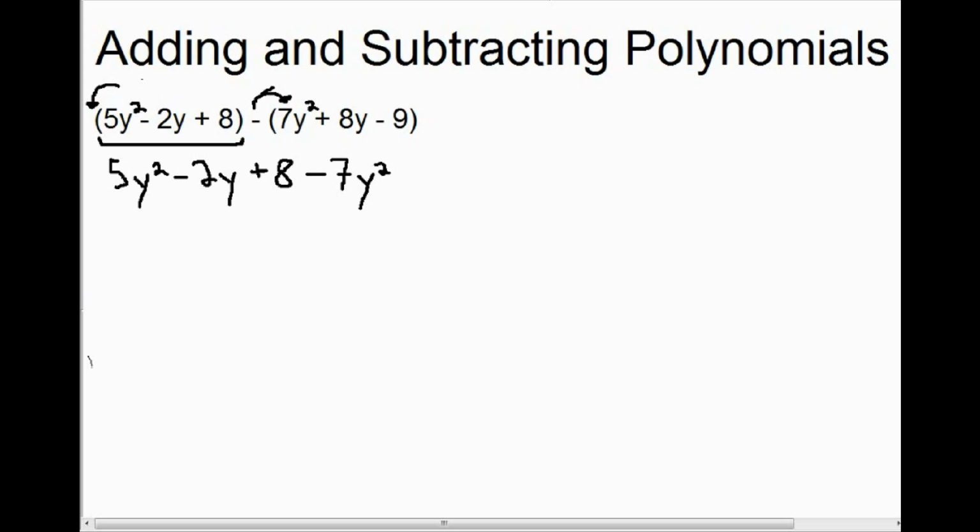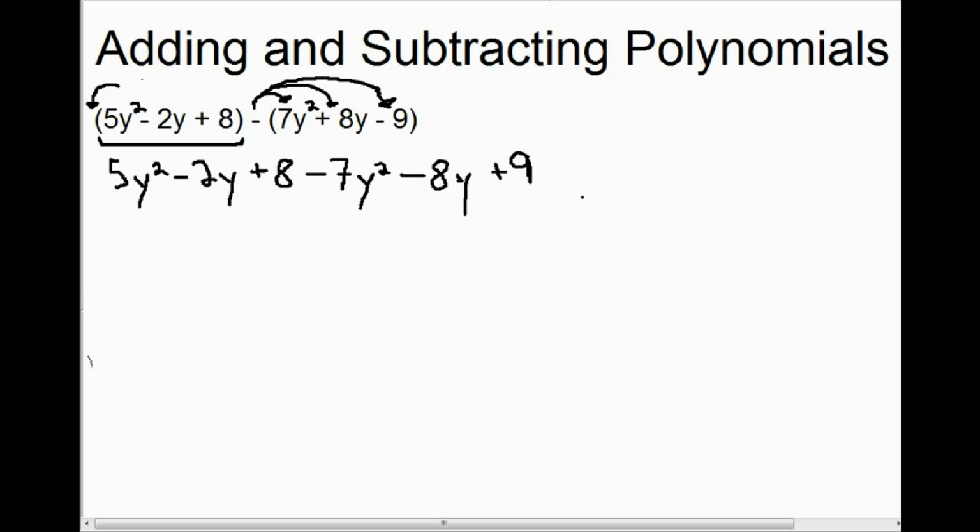Next we're subtracting a positive again. So it's subtracting positive 8y. And subtracting a positive, again, is the same as subtracting. And finally, we're subtracting now a negative, or a minus. Subtracting a minus is the same as adding.